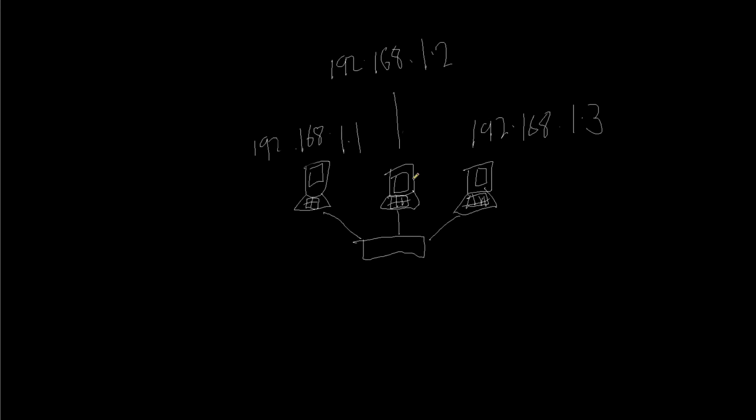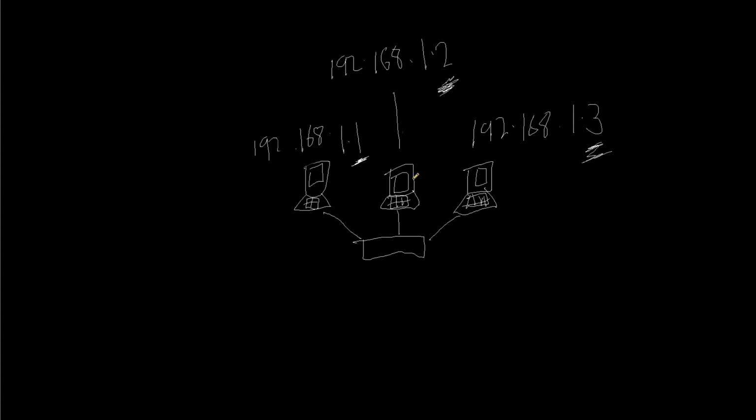Now obviously you've probably seen already, but this last number is the one that changes, and that is the actual computer number on the network. So the last number will always change. So this number at the end is the one that changes.